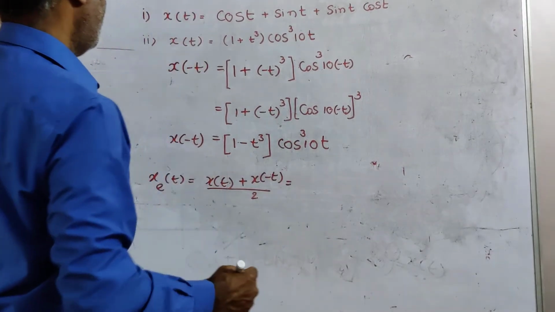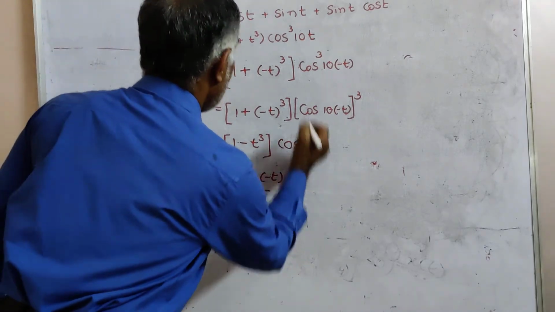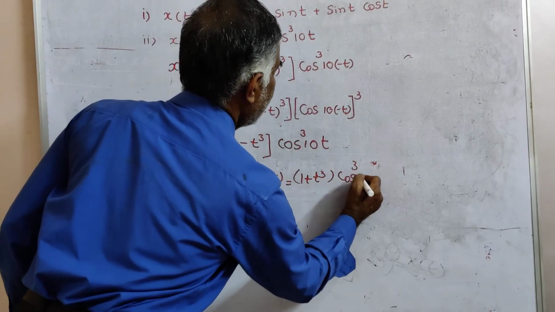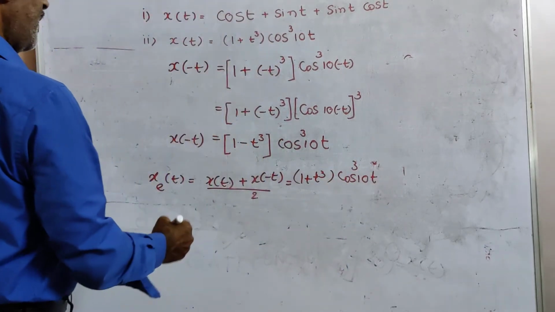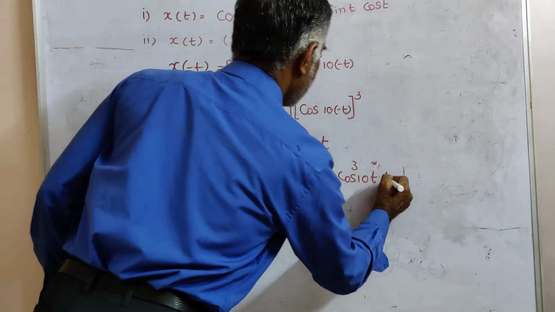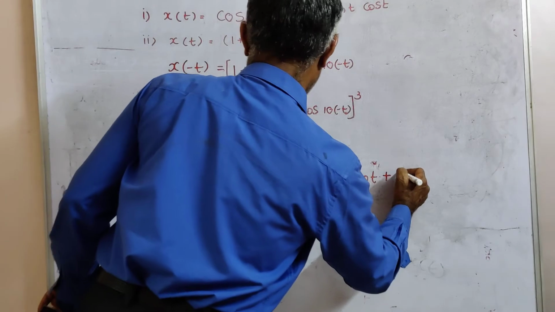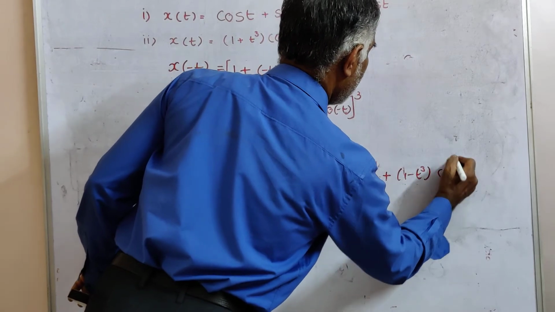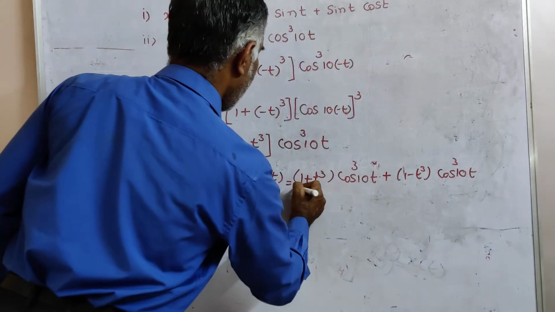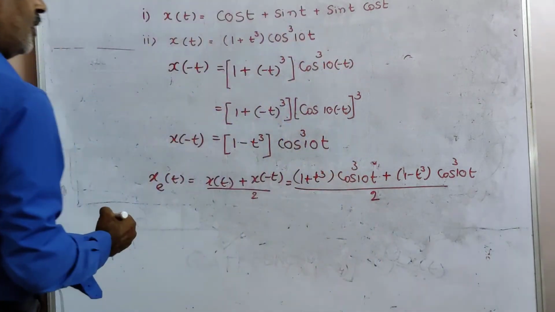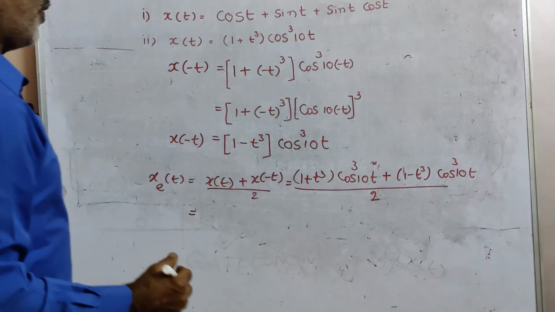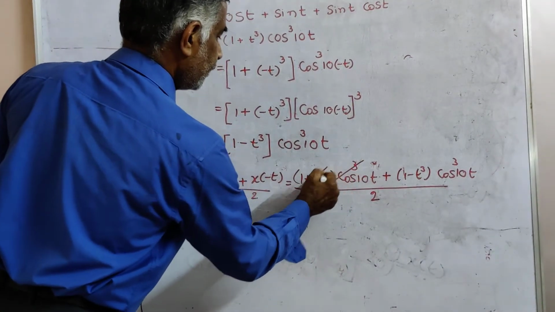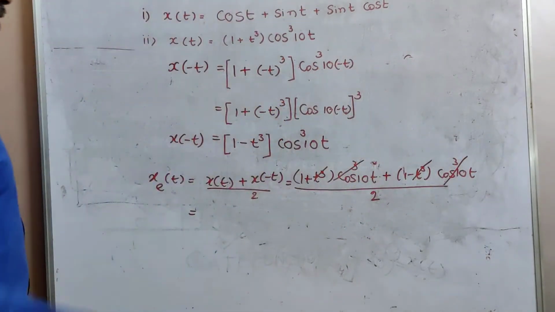We get here x(t), (1 + t^3) cos^3 10t, next plus x(-t), (1 - t^3) cos^3 10t, divided by 2. Simplify. On simplifying, these two terms get cancelled.